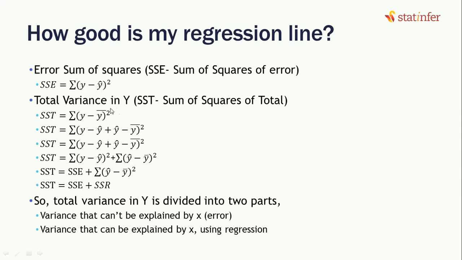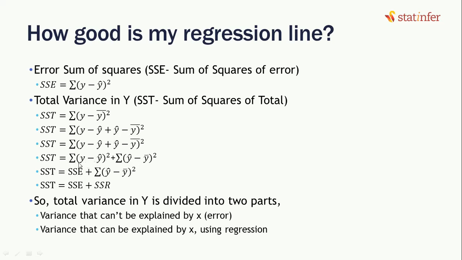Now we have to compare it with the total variance of y, which would be the original value minus the mean of that value, squared, and then summed, which would be SST, the sum of total squares. With some mathematical changes, I'm subtracting the predicted value and adding the predicted value. This is mathematically true, and I will break it down till here.